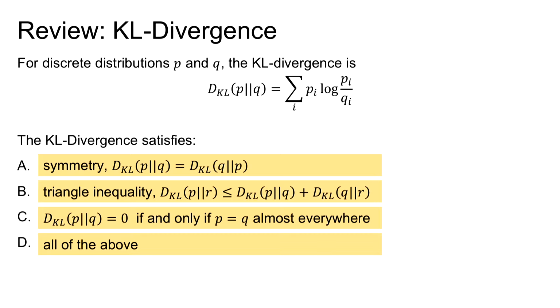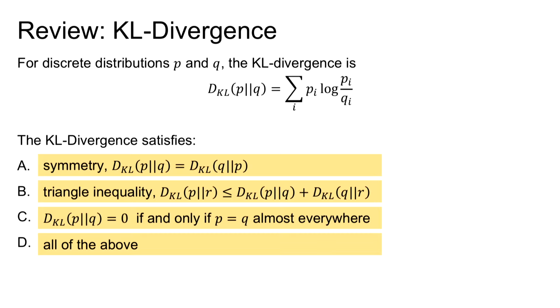Then the KL divergence between P and Q is defined as the sum over i of Pi log Pi over Qi, or, if you like to think about it alternatively, the expected value over the distribution P of log of Pi over Qi. Does that make sense?